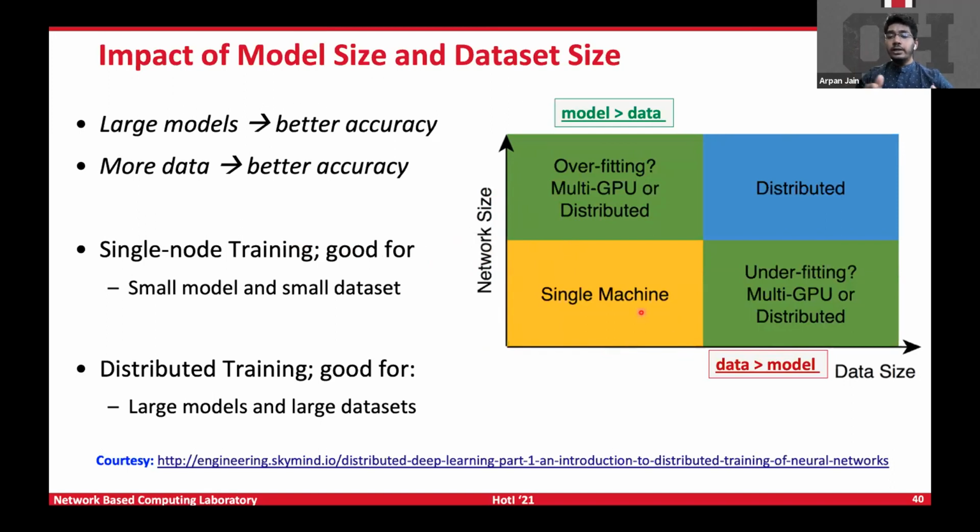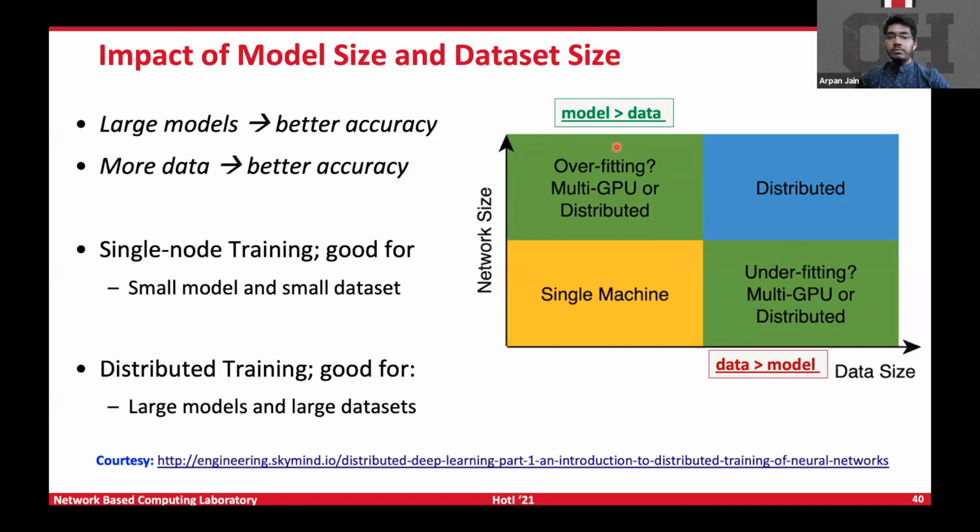If your data set is small and your network is also small, then you can train it on a single machine. You don't need distributed training. In other words, if you want to train a model on the MNIST data set or the CIFAR data set that has only 60,000 samples, you can train it on a single machine. But if you want to train a model on a very large data set and the model is also very big, then only you need distributed training.